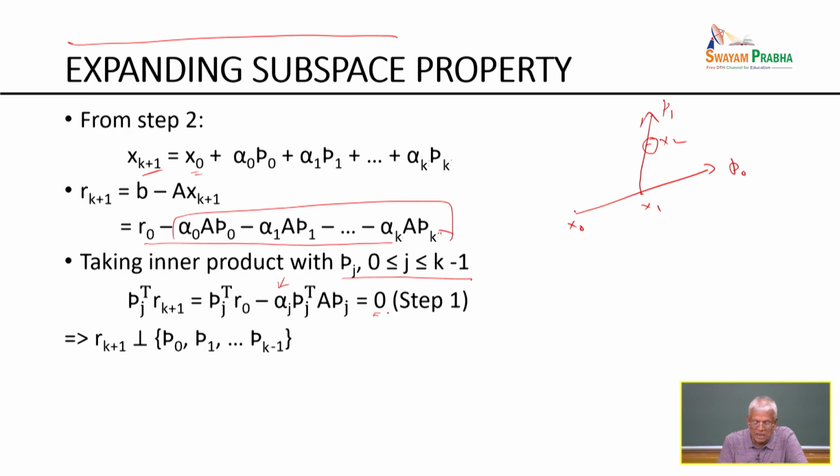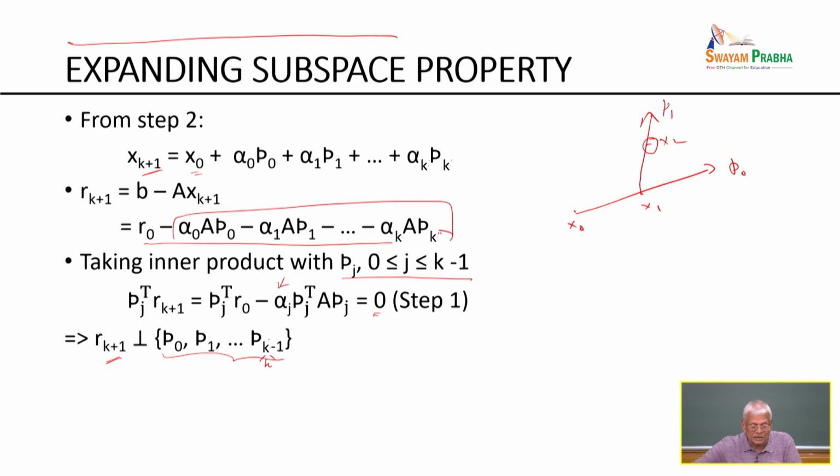So, what does this mean? This means r k plus 1 is perpendicular to the span of the first k directions. So, the negative gradient is perpendicular to the span. If it is perpendicular to p naught, p 1, up to p n minus 1, it is perpendicular to the span of that. That means the span of this is a subspace.